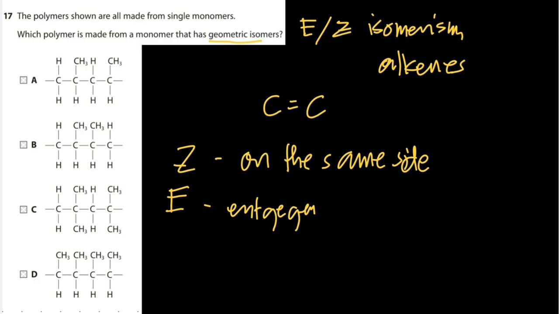Now let's take a look at the four given structures here. So letter A doesn't have E/Z isomers, as well as letter B, and letter C. So the only polymer here that is made from a monomer that has geometric isomers, or E/Z isomers, is letter D. So the answer here is letter D.